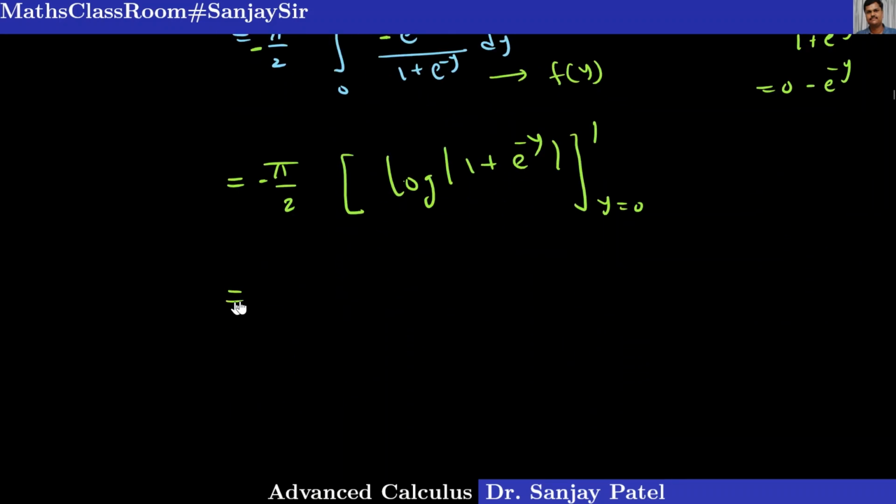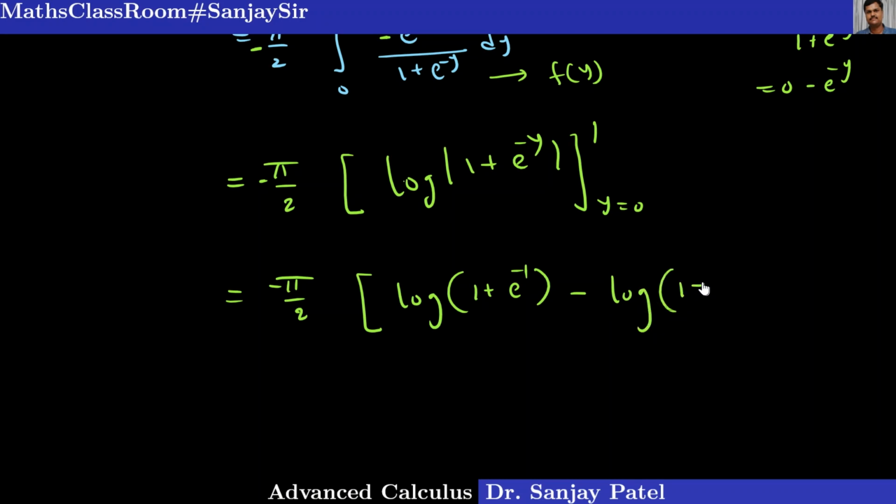So this is equal to minus pi by 2 into, putting y equal to 1, log of 1 plus e raised to minus 1, okay, and putting y equal to 0, let me write a minus sign here, f(b) minus f(a), that fundamental theorem. So it is log of 1 plus e raised to minus y, so it is e raised to 0, okay, like this.